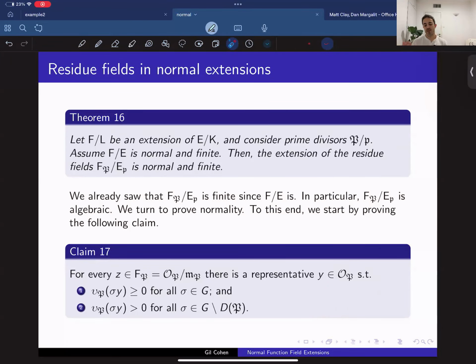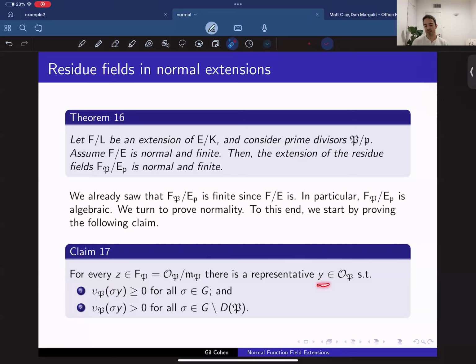But moreover, you want to have some other properties. You want to find a function y that not only evaluated at P is Z, you want something more. And these are the two items that we need. So the first thing I'm saying in this claim is that for every Z, you can find a representative y such that, first of all, for any sigma in G, any conjugate of y, sigma y, will also be defined at P, right? Evaluation is non-negative, means that it is defined.